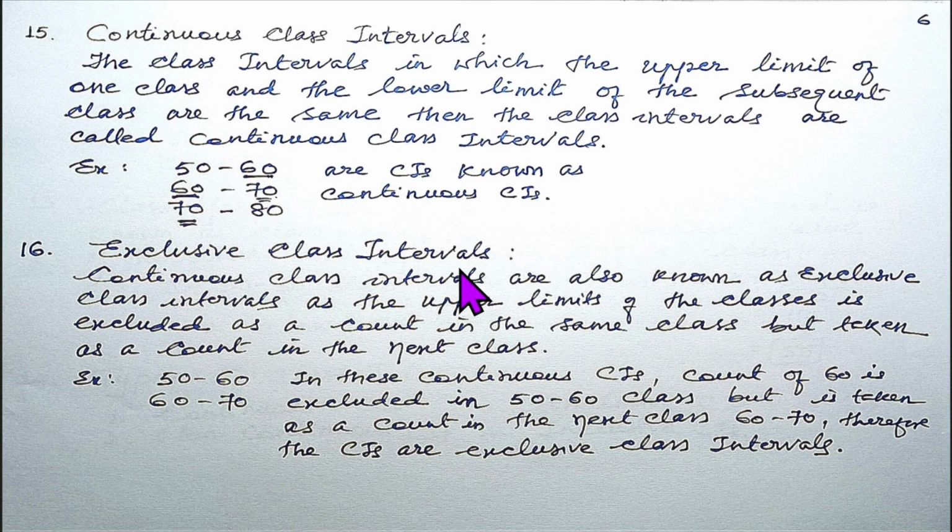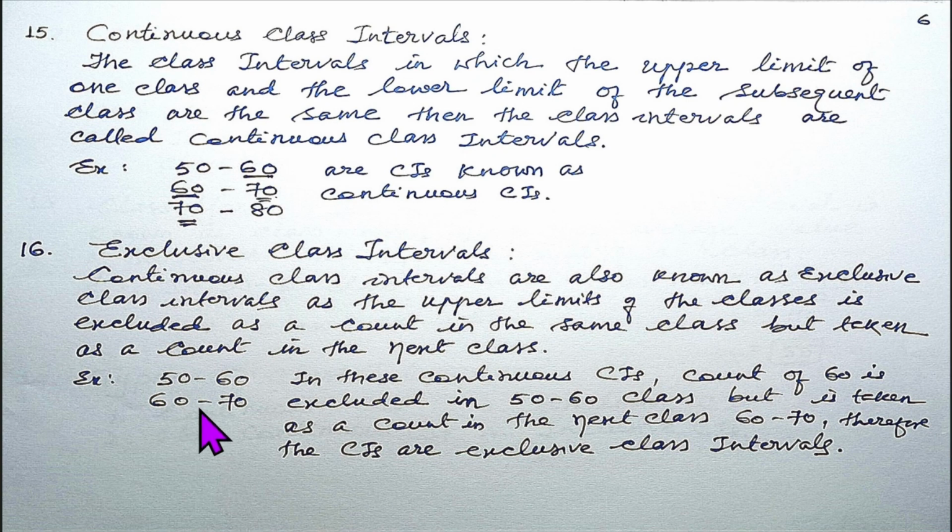Remember that. Now exclusive class intervals. Continuous class intervals are also known as exclusive class intervals. Please remember this. Now the reason is there for that. For example, if you take 50 to 60 and 60 to 70, they are continuous class intervals because 60 is the upper limit of the one class interval, and again 60 is the lower limit of the next class interval.